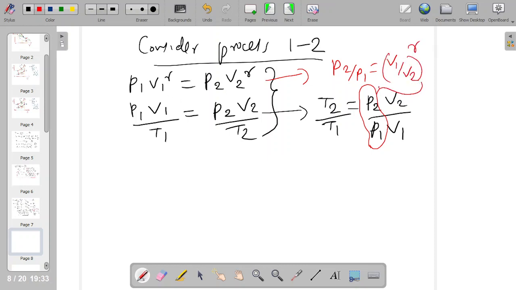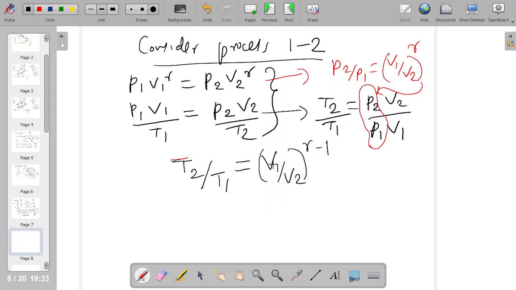Substitute that here, and we get T2 by T1 equals V1 by V2 raised to gamma minus 1.